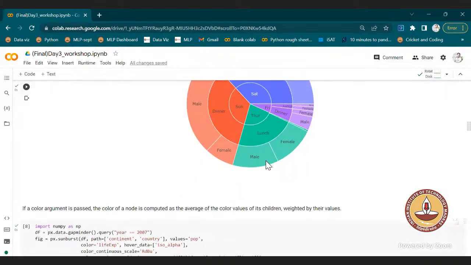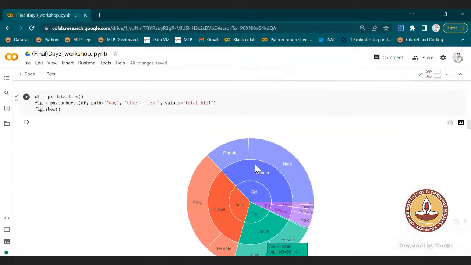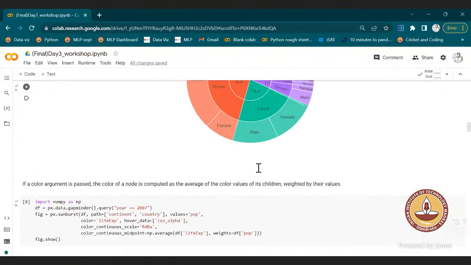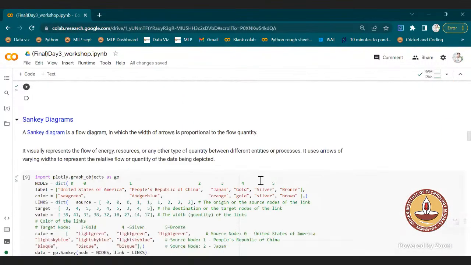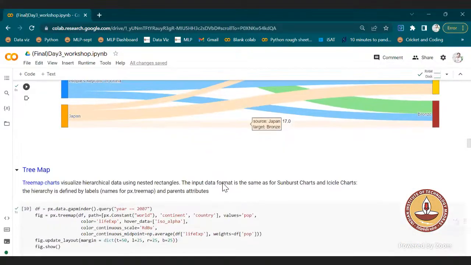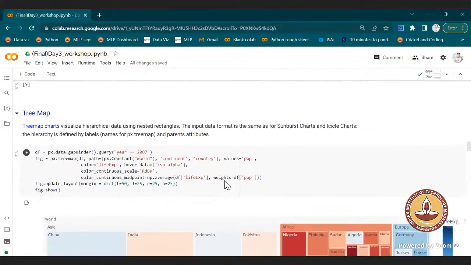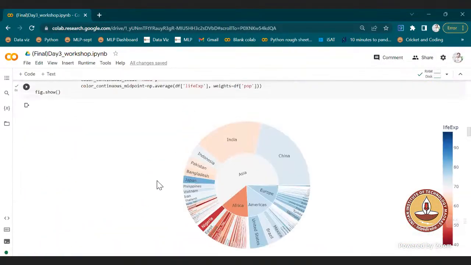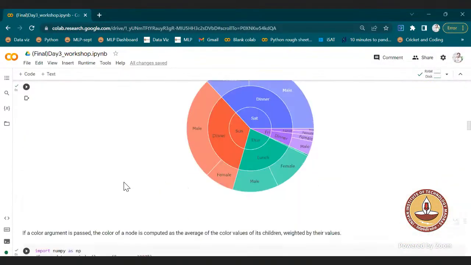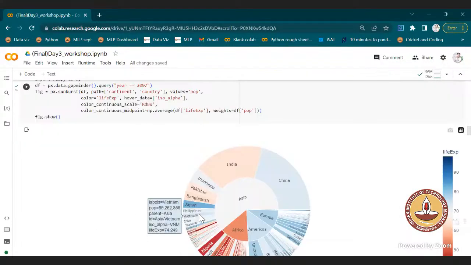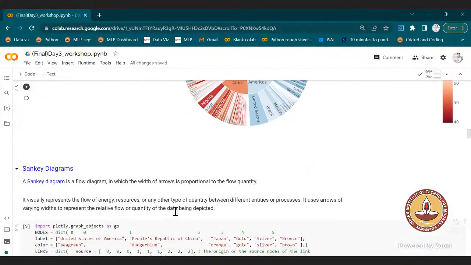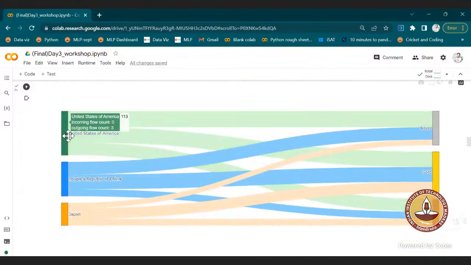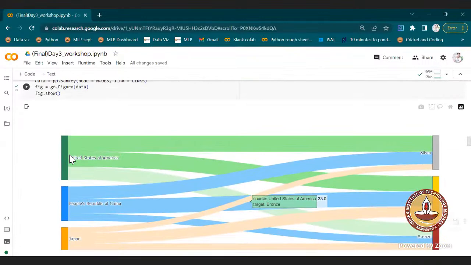Many of you said that you know the Sunburst, you know the Sankey, you have seen the Gantt chart also, but you don't understand how it works. All of these are hierarchical charts. The Sankey flow is not exactly a hierarchy, but since in Sunburst you had limitations, here you don't.